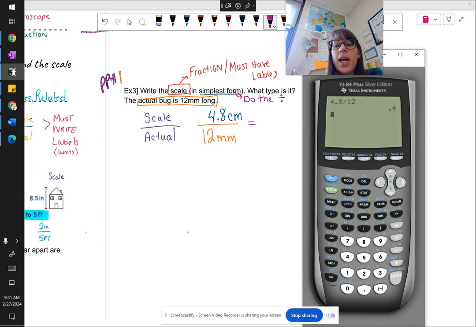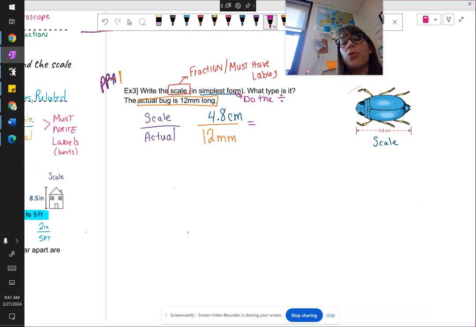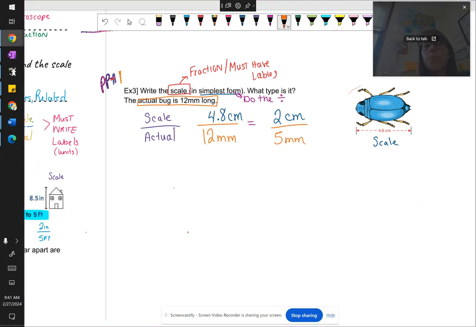You're going to hit that second and that PRB button, which isn't on my calculator. So don't freak out. And that should give you the fraction of 2/5. 2, don't forget your labels, centimeters on the top and 5 millimeters on the bottom.